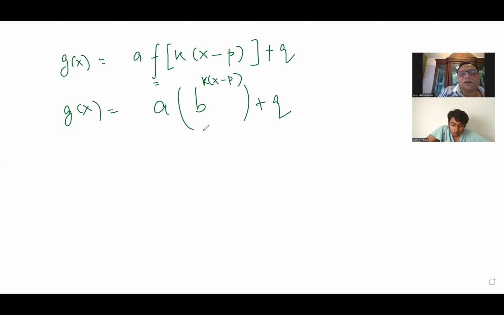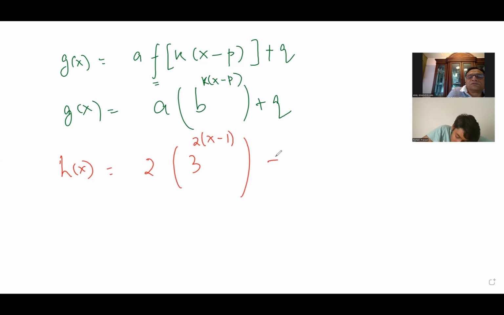Now, I'll give you an exponential function. You tell me the transformations, okay? Let's say we have a function h of x equals 2 times 3 to the power of (2x minus 1), minus 5. Can you explain the transformations of this function? So h of x is equal to 2 in brackets 3 to the power of 2x minus 1 in brackets, minus 5, sir.